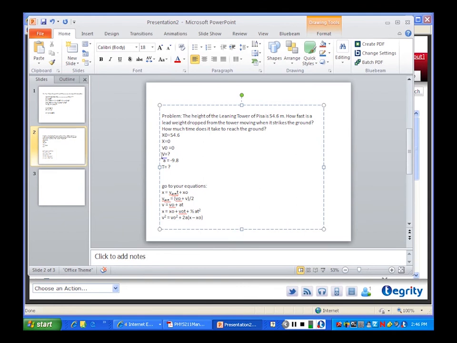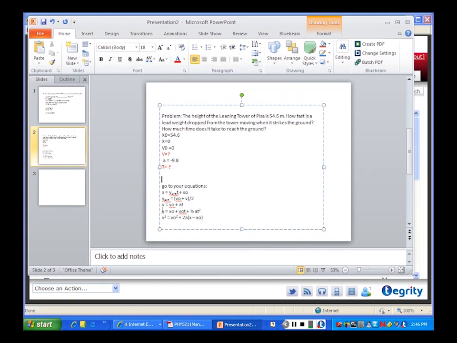Well, we already determined that, didn't we? We want to solve for V and we want to solve for t, right? Well, let's pick an equation that has t in it, for instance.